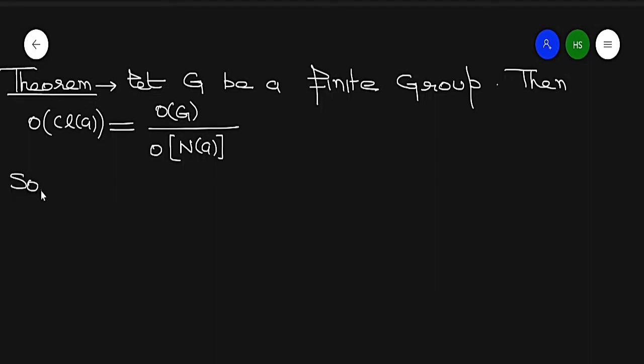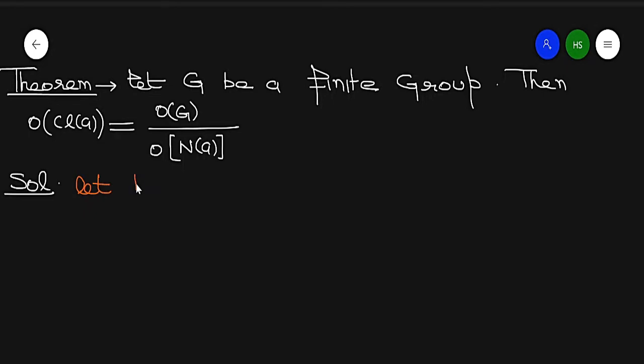So what is N(A)? N(A) is the normalizer of an element. We know that this is the index of N(A) in G. So we know that N(A) is a subgroup of group G. So first, what is our part?